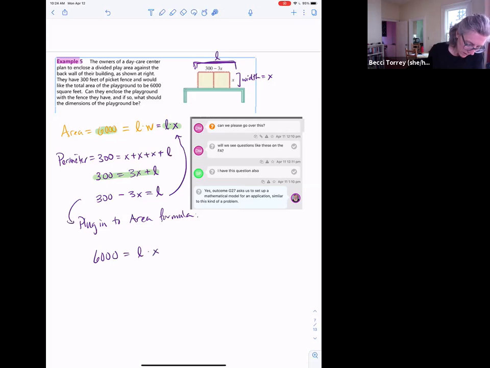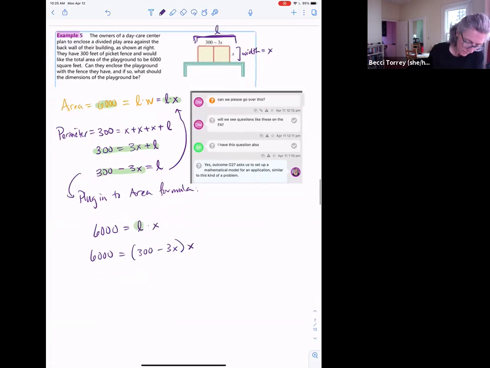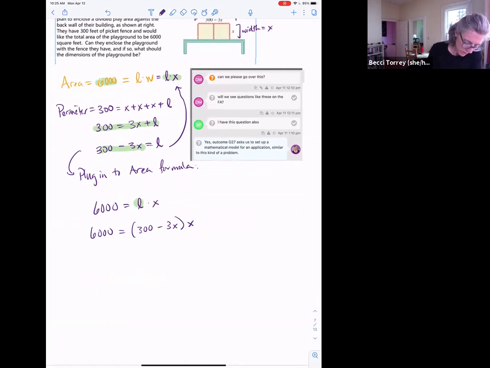But we know that the length is 300 minus 3x. So we can plug in 6,000 is equal to 300 minus 3x multiplied by x. And now we can distribute this. So this is 6,000 equals 300x minus 3x squared.